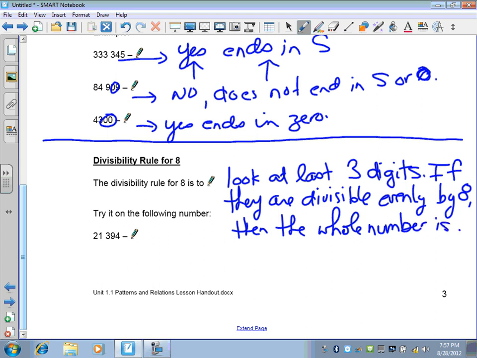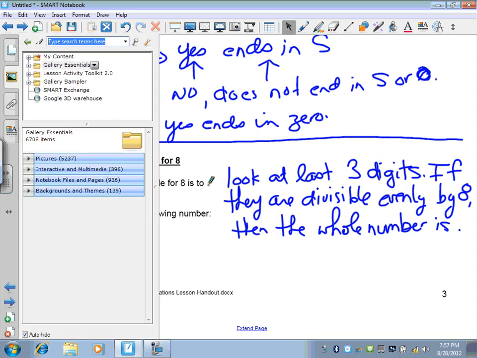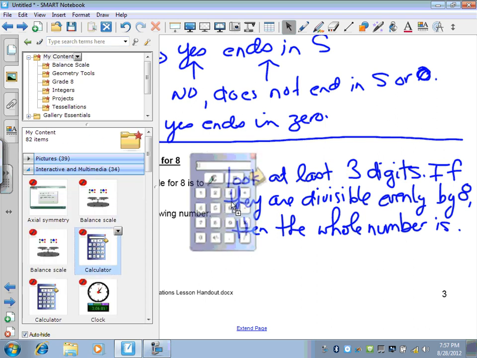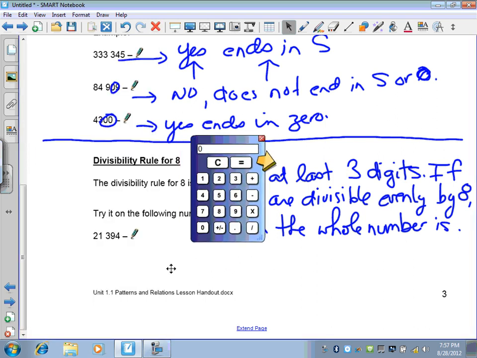Now, to find out whether 394 is divisible by 8 is a pain. So we're going to do it with our calculators. So you're going to be allowed to bring a calculator out. I'll grab mine, and you can see right here.